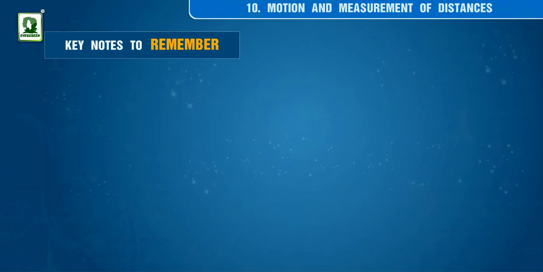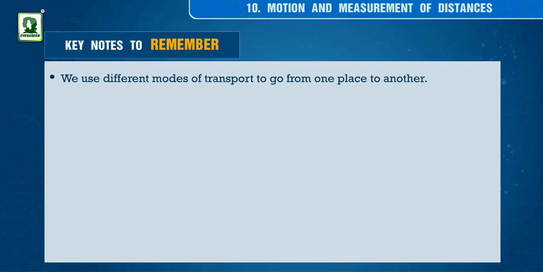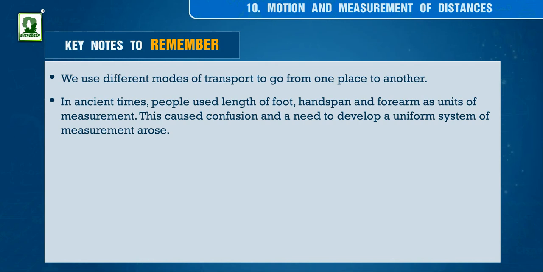Key notes to remember. We use different modes of transport to go from one place to another. In ancient times, people used length of foot, hand span, and forearm as units of measurement. This caused confusion and a need to develop a uniform system of measurement arose.